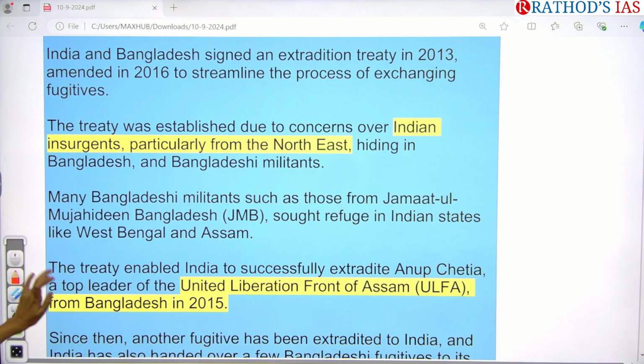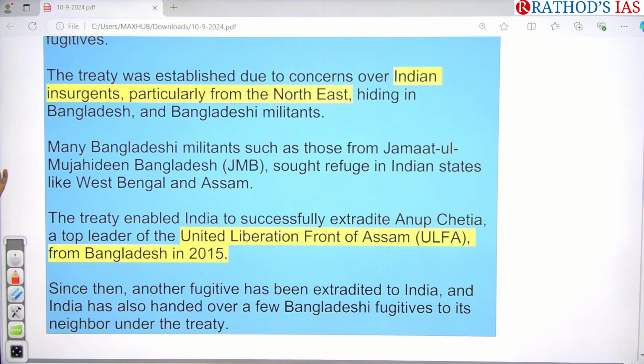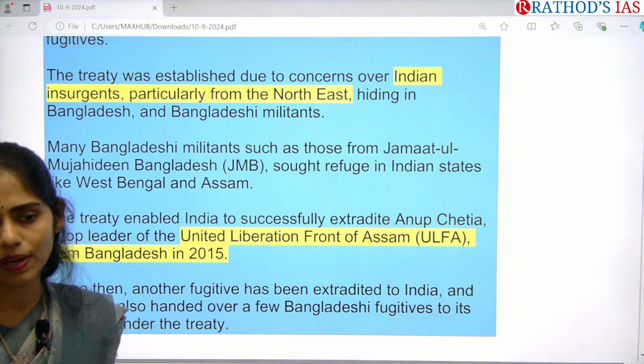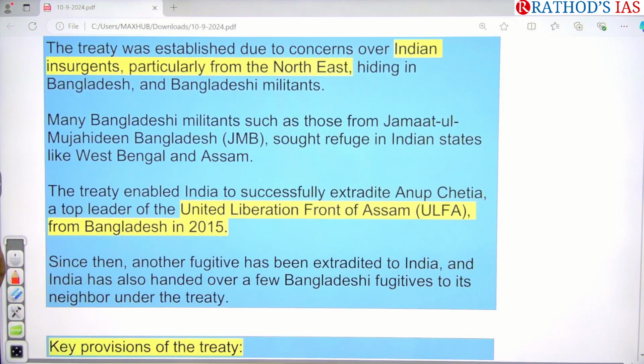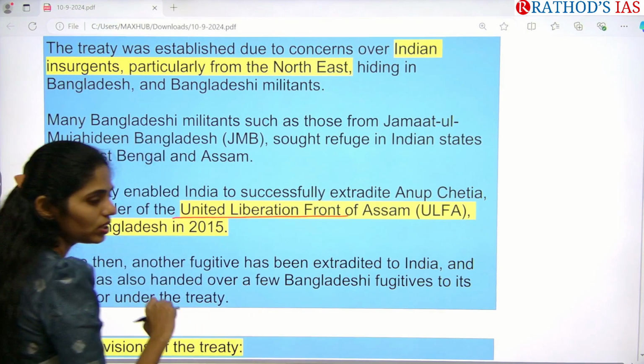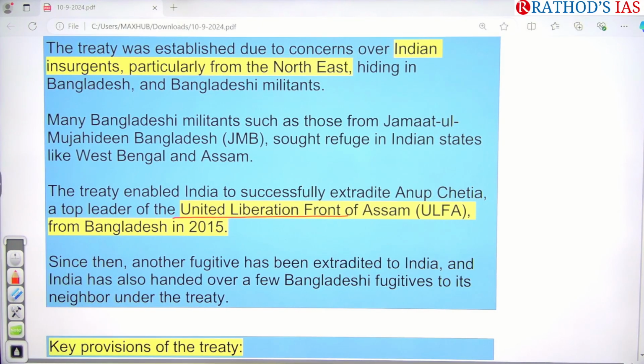So many Bangladeshi militants like Jamaat-ul-Mujahideen Bangladesh sought refuge in Indian states like West Bengal, Assam, and we successfully extradited them to Bangladesh. So this is one success story. And apart from this, we even extradited Anup Chetia, a top leader of ULFA. I said there are some insurgent organizations that work in Assam.